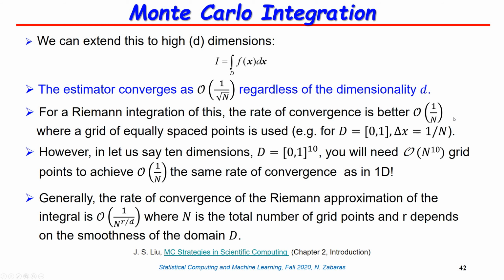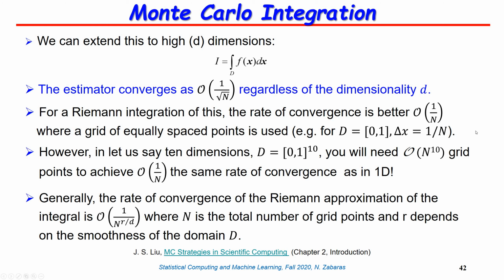So in deterministic methods, the convergence in one dimension is better than Monte Carlo. But let's see the problem. If you try to put the same uniform grid of n points in, let's say, 10 dimensions, you would need n points in one dimension, n points in the other dimension, so you're going to need n to the 10th number of points to achieve the same 1 over n rate of convergence.